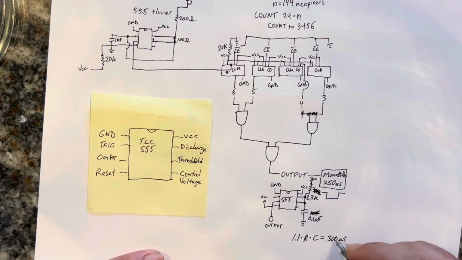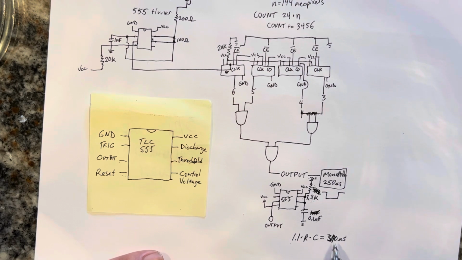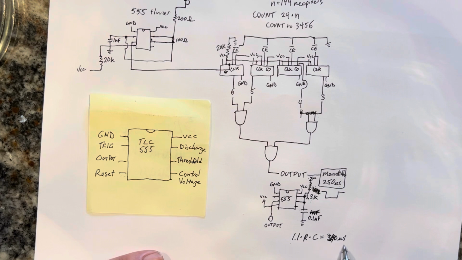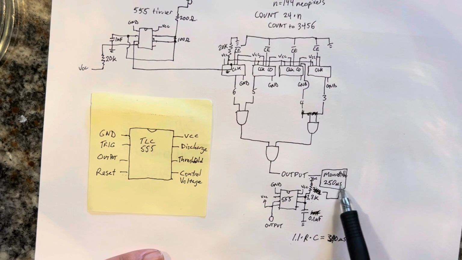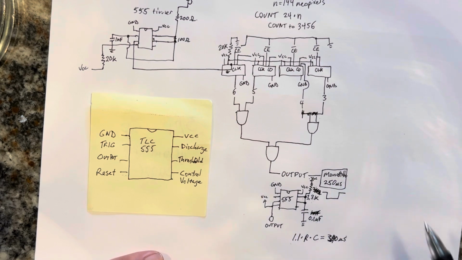When I put the two of them together, I got a signal of about 340-ish microseconds. 340 microseconds is all you need. You don't want it to be too long because then it just slows down the refresh rate of everything. But you want it to be more than about 250 microseconds to allow the neopixels to latch.